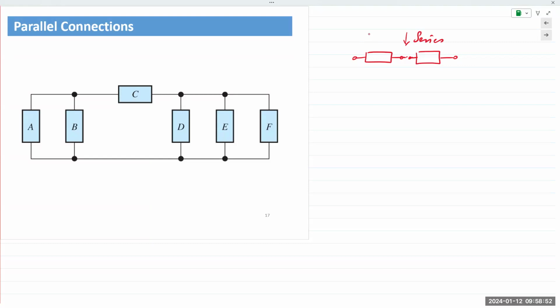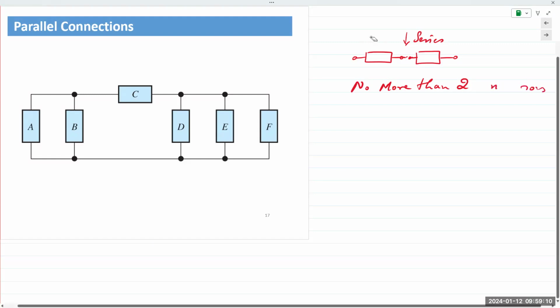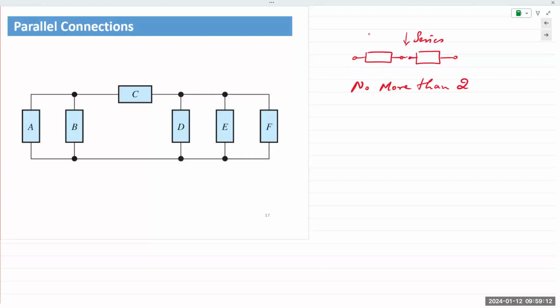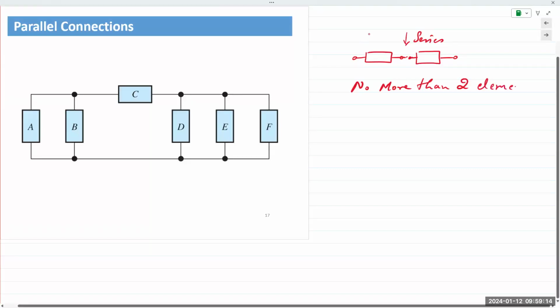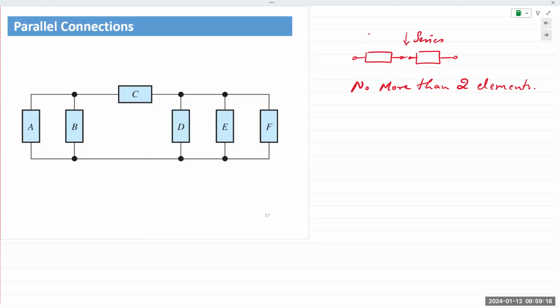If it's more than 2, then it's no longer series. So no more than 2 elements. Otherwise, it is no longer in series.